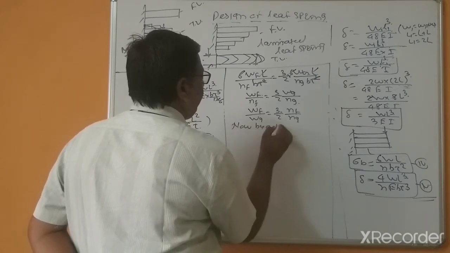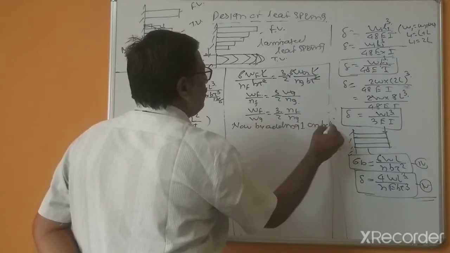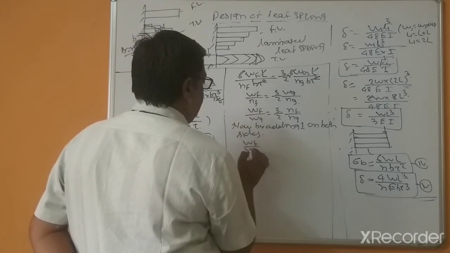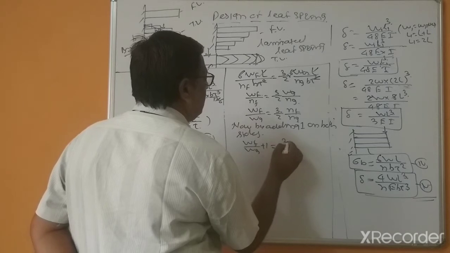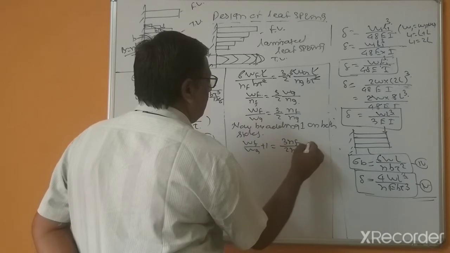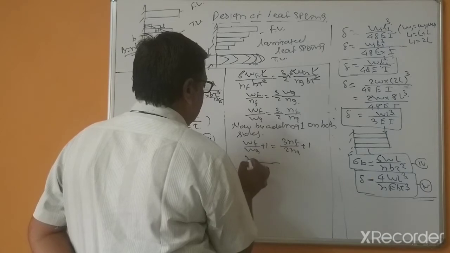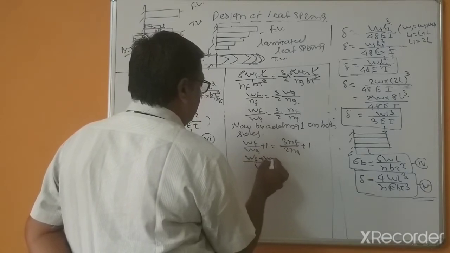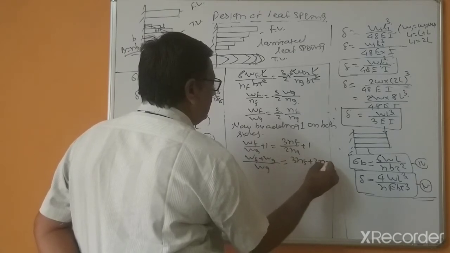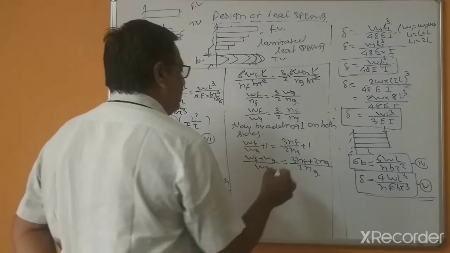Adding 1 on both sides, WF by WG plus 1 equal to (3NF plus 2NG) divided by 2NG.